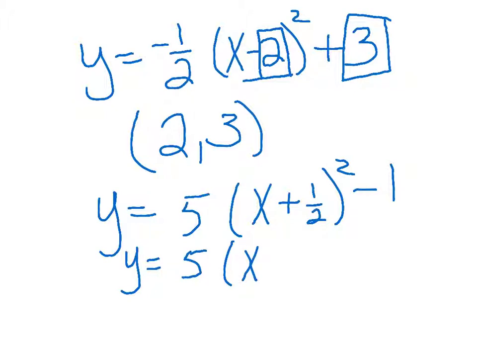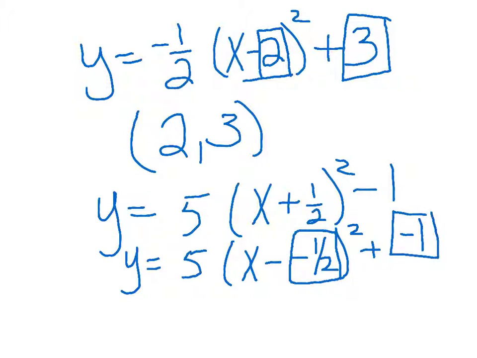So change this positive sign to x minus negative 1/2, and change this next sign to plus negative 1. Again, if I cleaned up those signs, I would have my original equation back, so I haven't really changed the value of it any. And then from here, I can pull off the negative 1/2 and negative 1 straight off. So the vertex is negative 1/2 and negative 1.